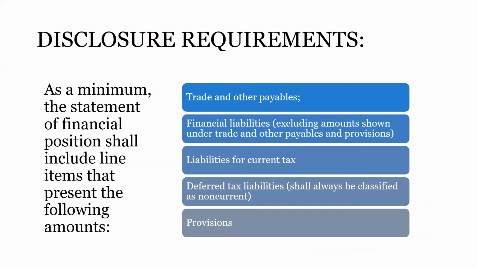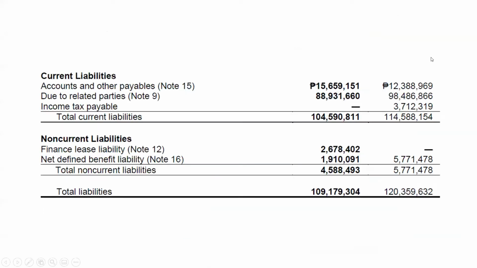So, ito yung disclosure requirements para sa liabilities, which is discussed naman na din kanina. So, yung trade payables, financial liabilities, yung liabilities for current and yung non-current na taxes and provisions. So, they should be separately presented sa financial statements. So, here is a snip of the face of a financial statement.